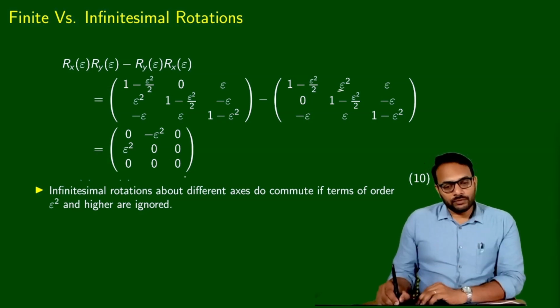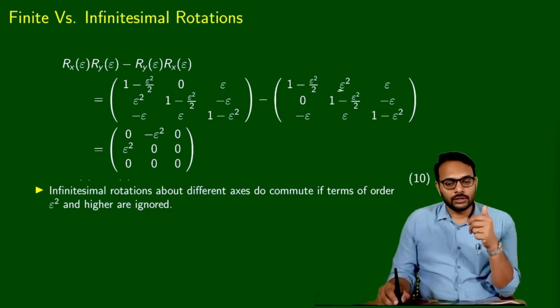Now we see an interesting thing here. The first thing we notice is that if we had chosen earlier to neglect terms of order epsilon square and higher order, then this matrix would be 0. This would be the 0 matrix.